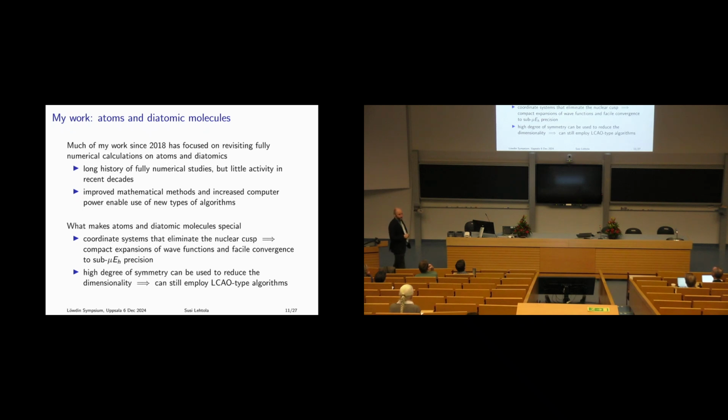Even though there's a long history of calculations on atoms and diatomic molecules with fully numerical methods, atoms in the 50s and 60s, and diatomics in the 70s and 80s, a lot of work was done then. But in 2017, 2018, I realized that it might be a good time to revisit this, because we have better computer algorithms, we have better computers, the math has developed, so maybe there's some new stuff that could be done.